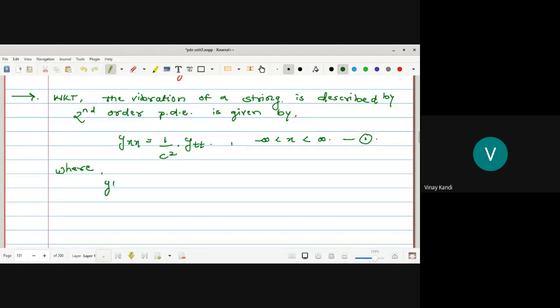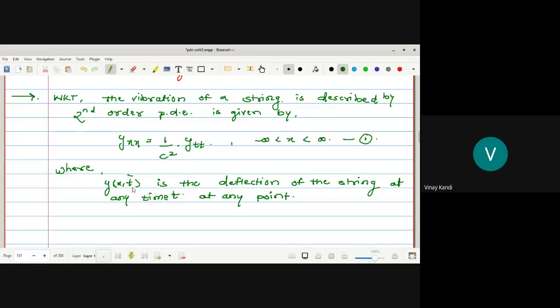So y of x, t is the solution, suppose. y of x, t is the deflection of the string at any time t at any point x. It is a function which gives the deflection at time t at the point x.